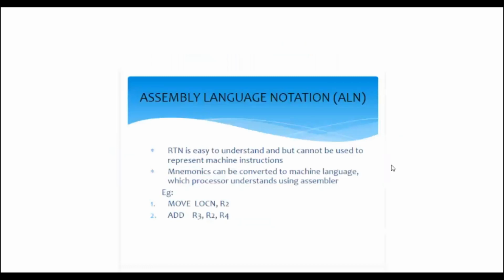The assembly language notation, or ALN, is a type of low-level programming language that is intended to communicate directly with a computer's hardware. Unlike machine language, which consists of binary and hexadecimal characters, assembly languages are designed to be readable by humans.